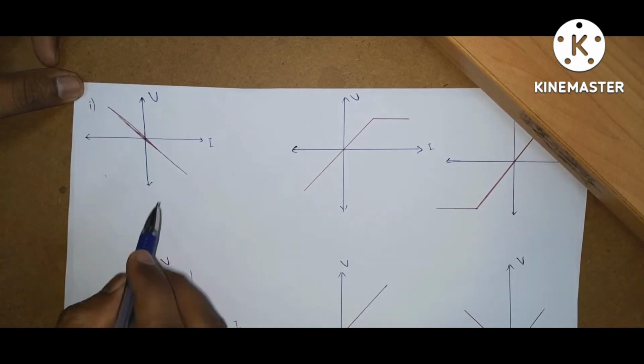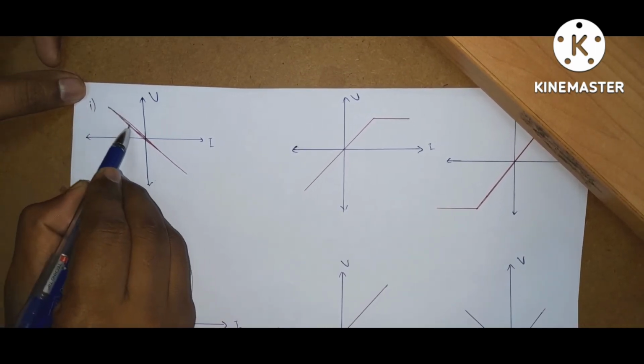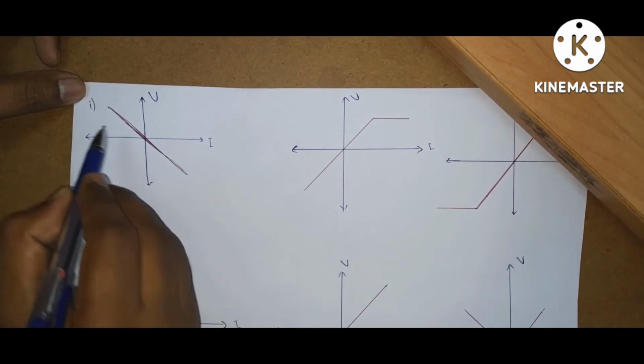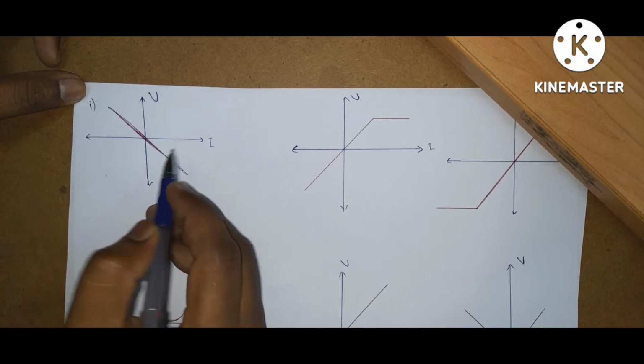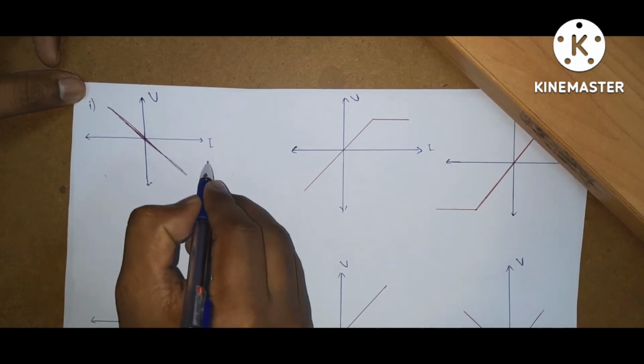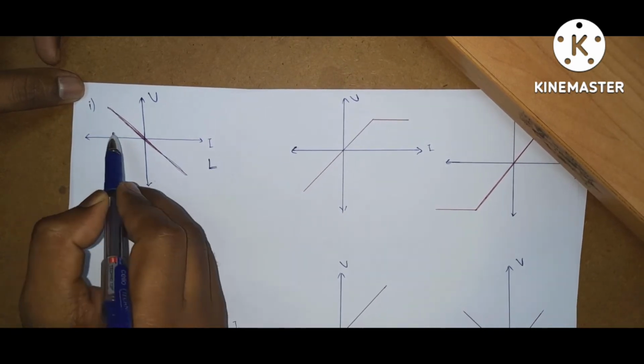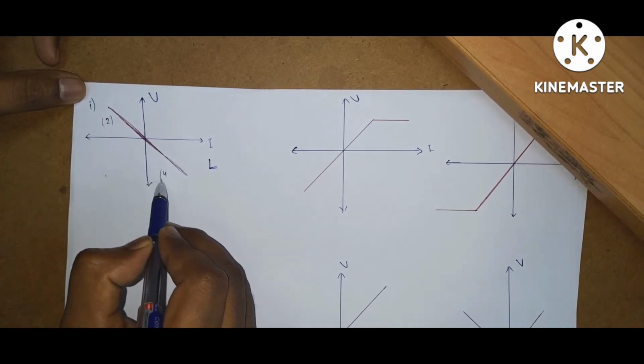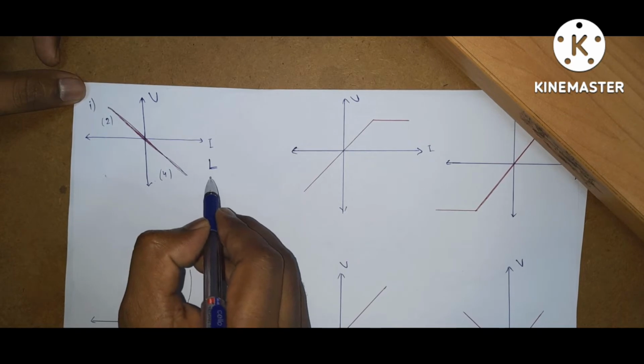First graph: this is a straight line passing through the origin, and for all time t the slope is constant, so the element is linear. Here characteristics are present in the second coordinate as well as the fourth coordinate, so the element is active.